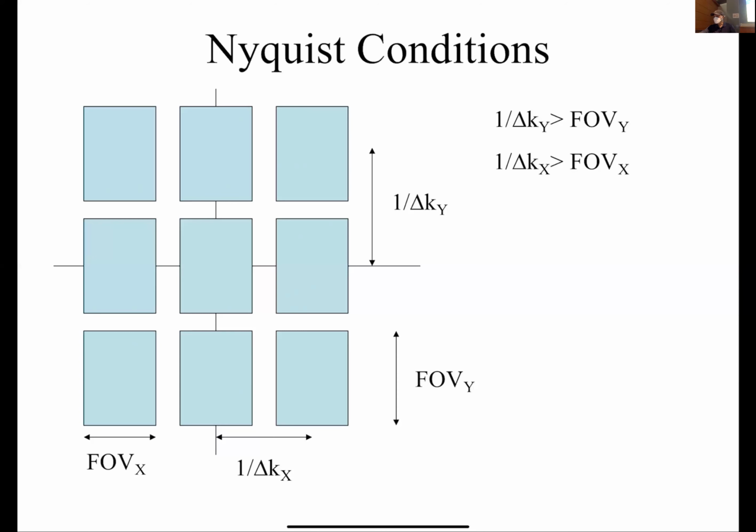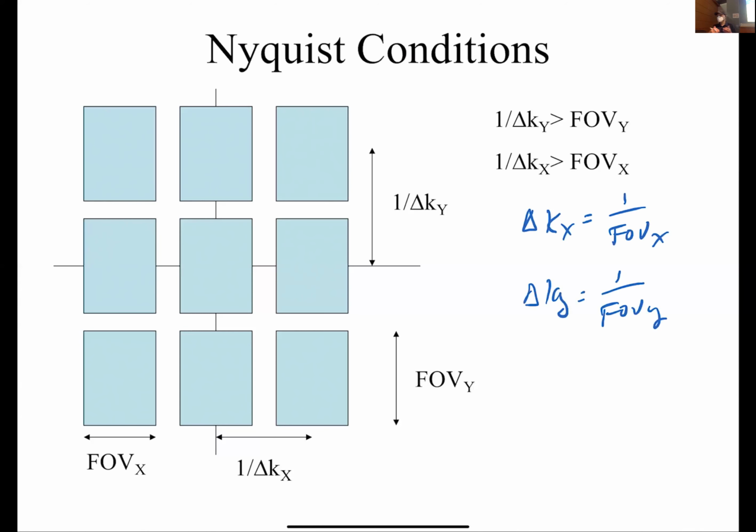For any design problems, you can just set that greater-than sign to equals. So you can always say delta Kx is just equal to 1 over the field of view in the X direction, and delta Ky equals 1 over the field of view in the Y direction. That's your first 2 sets of design equations.